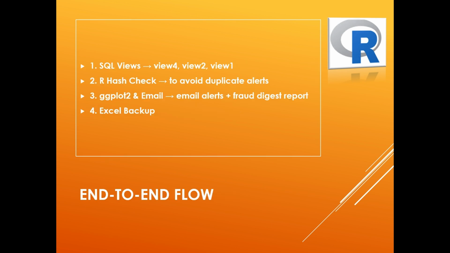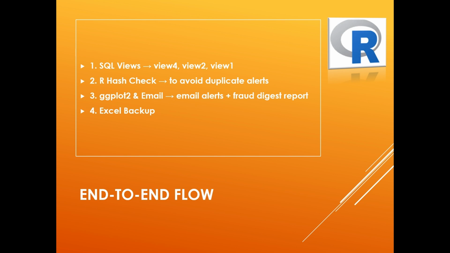Then the end-to-end flow: as I told you, the flow executes every 2 minutes. I have made use of SQL views. I will be showcasing only three fraud alerts, because only three views were available. That's enough, because last time I showed four alerts in the Python and SQL based threshold based fraud management system, but this time we will see three alerts.